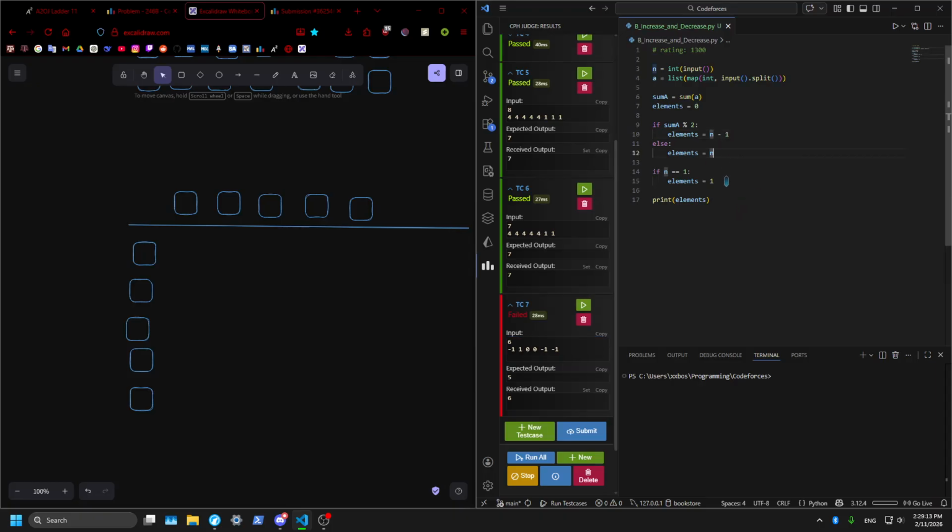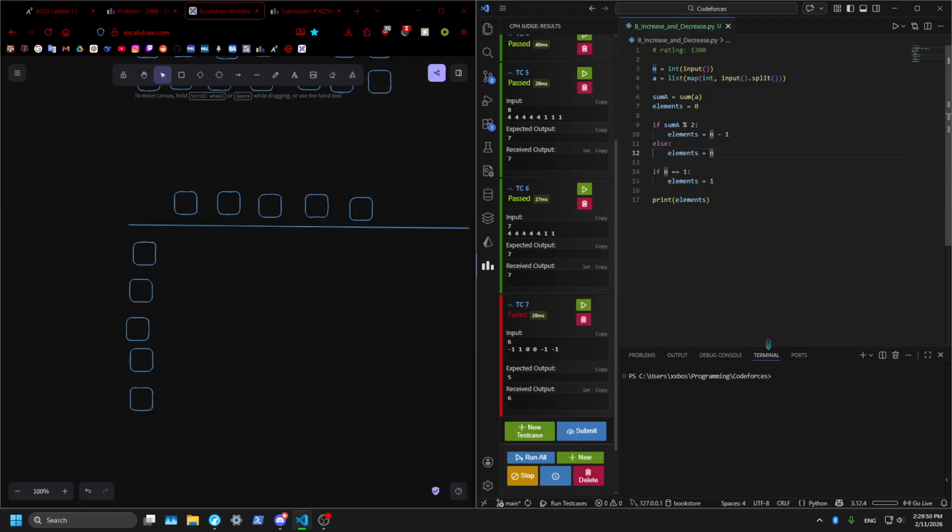Okay. This actually makes it considerably harder, because this logic works for all positive numbers.